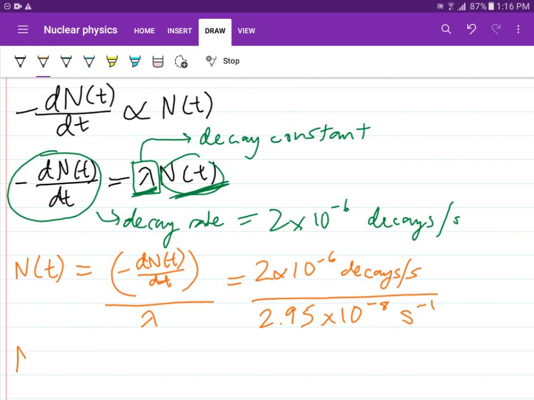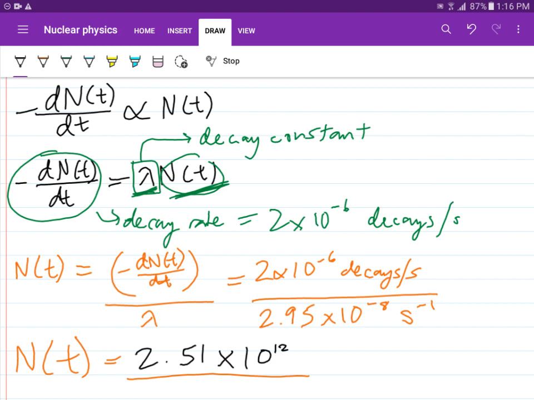Solving this equation, we will have about 2.51 times 10 to the 12. The seconds will cancel out here, since this is per second and this is per second. What will be left is decays.